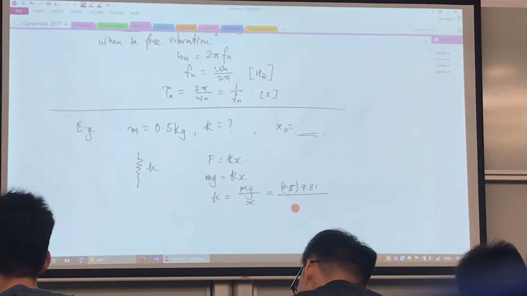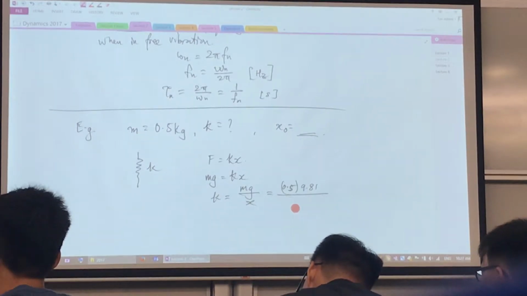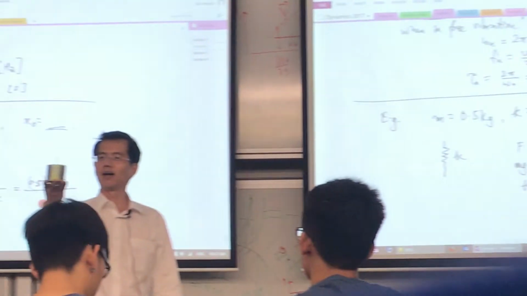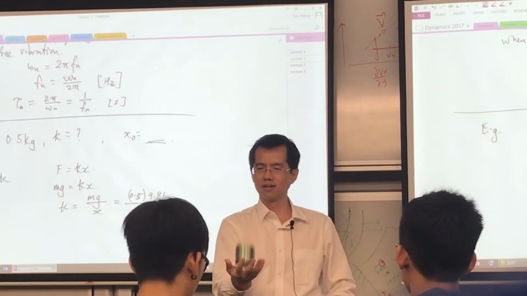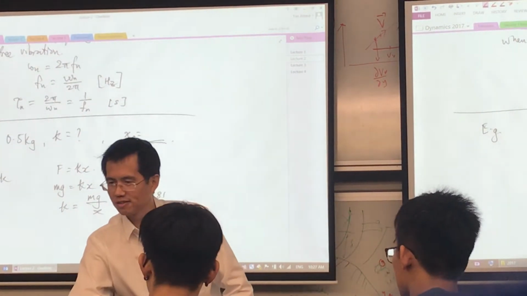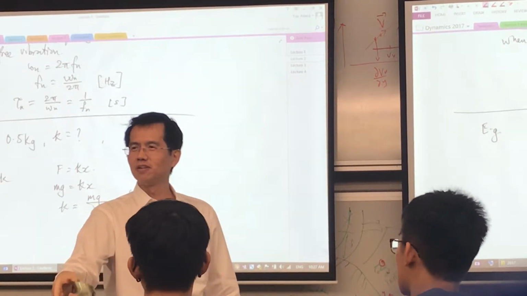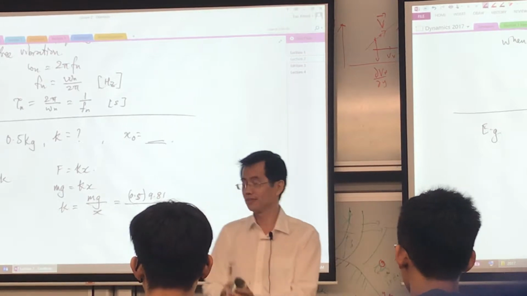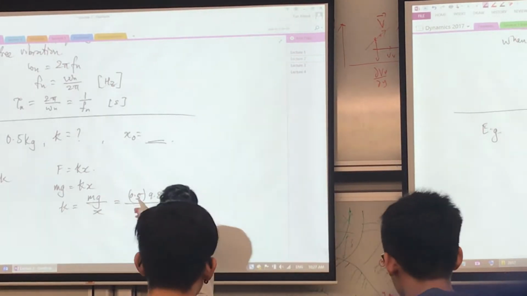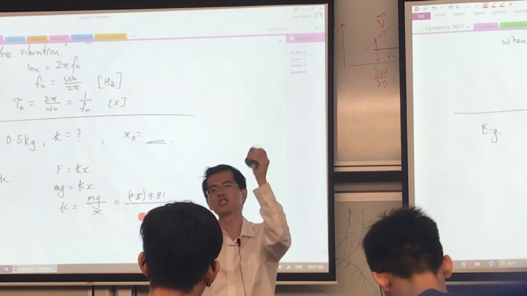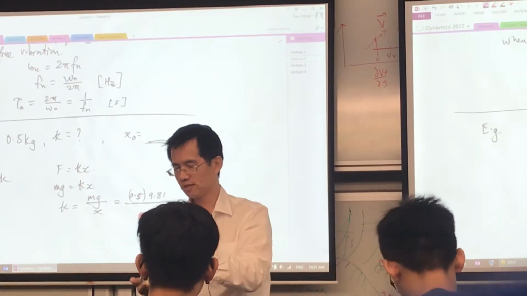So what I have over here is a spring. How heavy is this? Very heavy. About half a kilogram. So, half a kilogram. I want to find out what the spring constant for this is.